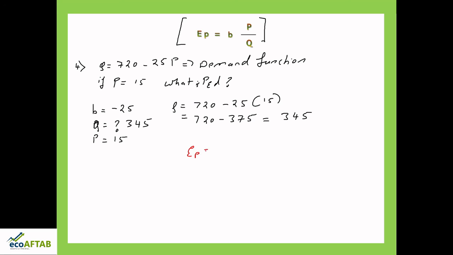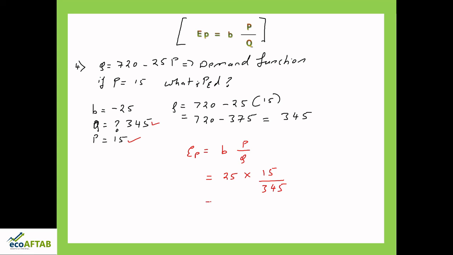Now, we shall make use of this formula. Price elasticity of demand is equal to B into P by Q. B, as I told you, is 25, our price is 15, and quantity is 345.